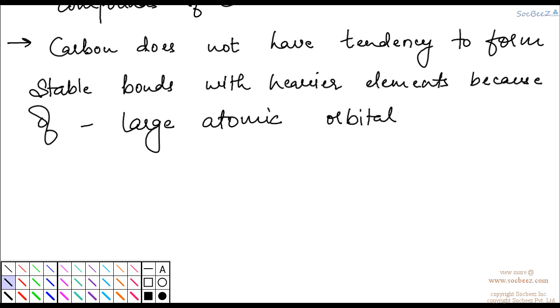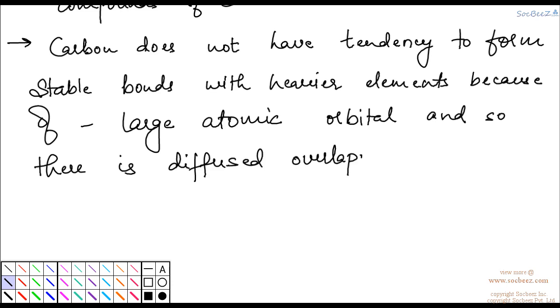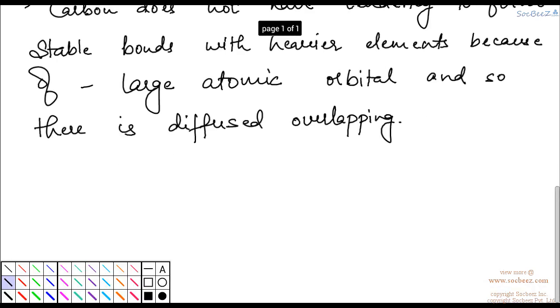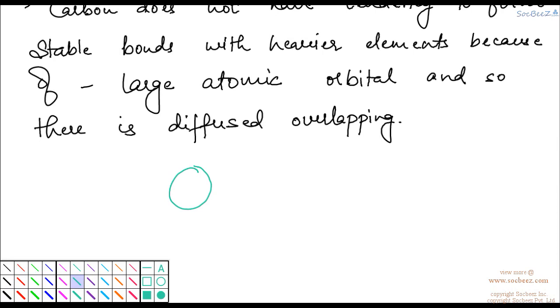The heavier elements have large atomic orbitals, and so there is diffused overlapping. Suppose here is the orbital of carbon, and here is the orbital of a heavier element. The overlapping region is this, which is quite diffused.